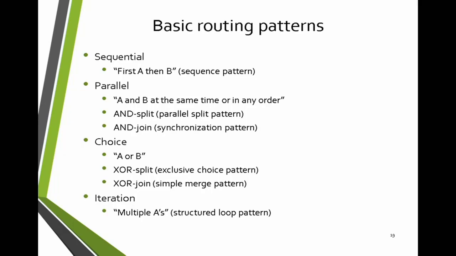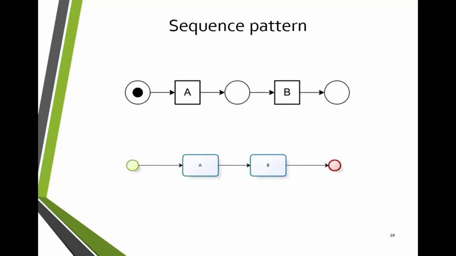Iteration being actually applied to only a single task, right? So if you have two tasks, they will be either sequential, in parallel, or in a choice construct. And sometimes you might also need to detect that an activity can be repeated, and that's what we call an iteration. Well, these four fundamental building blocks can be modeled very easily.